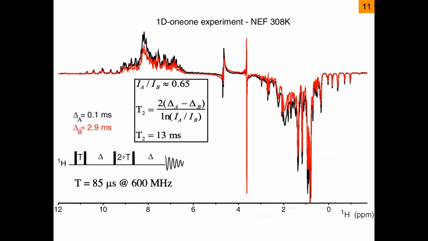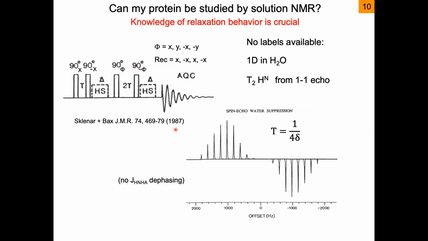There's one other thing that is nice about this sequence: when you think about amide protons, they might have scalar coupling to alpha protons. And so the scalar coupling to the alpha might also evolve in a spin echo. But in this case, it does not, because the alphas are not really excited here.